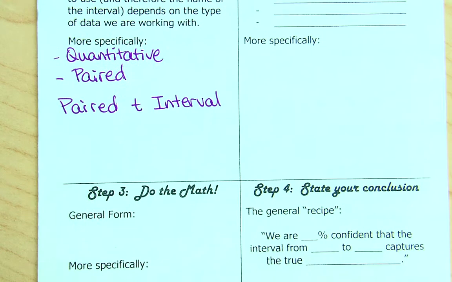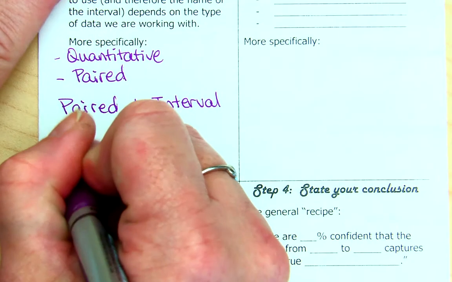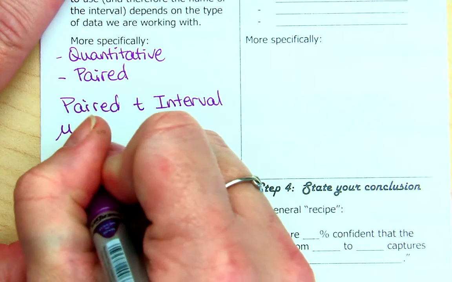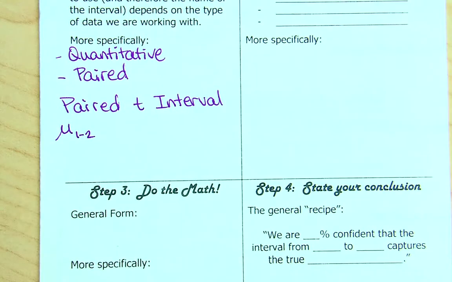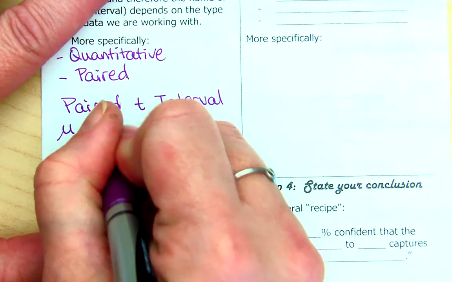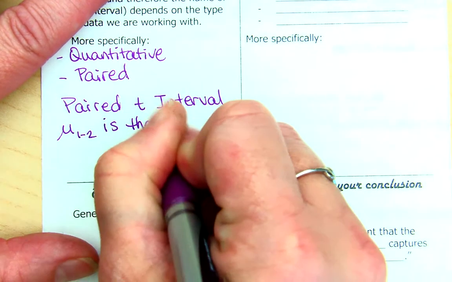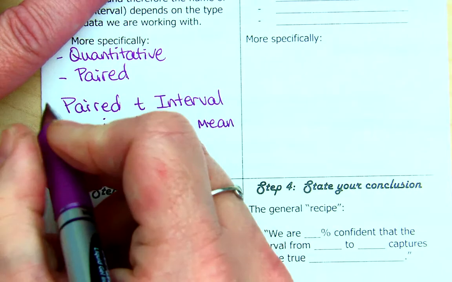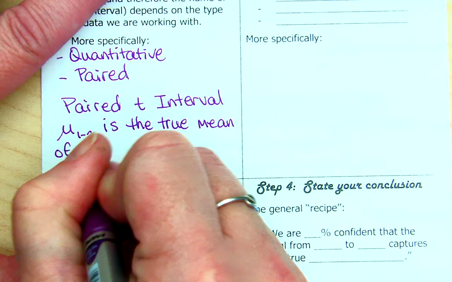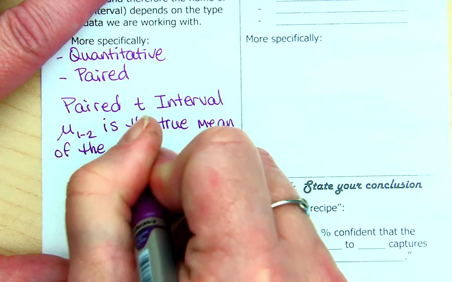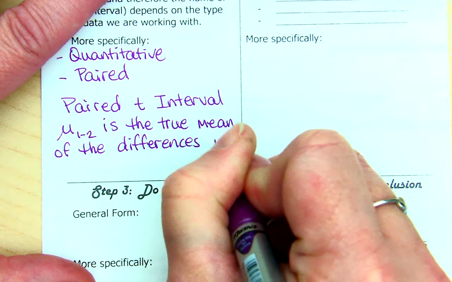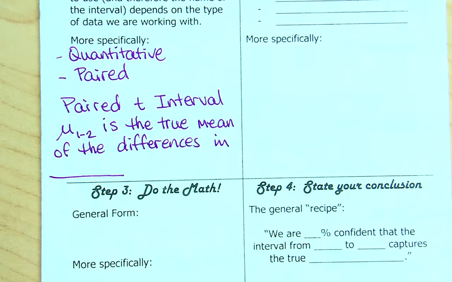And since we're dealing with means, we're going to be defining what that is. So mu, and then whatever subscripts you use, 1 minus 2, or however you wrote that, is the true mean of the differences in whatever our context is.